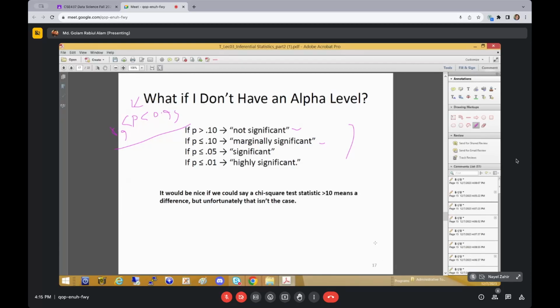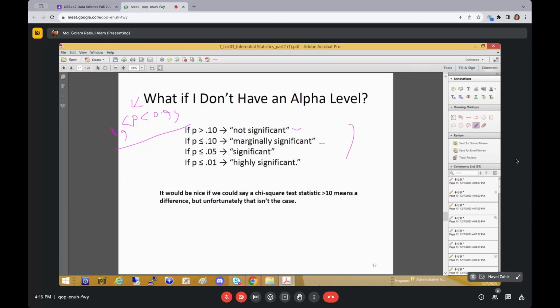That's why in this case the acceptable range is less than 0.1. It means that it can be 9%, 8%, 7%, 6%. Those are called marginally significant. Less than or equal to 0.05 means it can be 5%, 4%, 3%, 2%, like this.